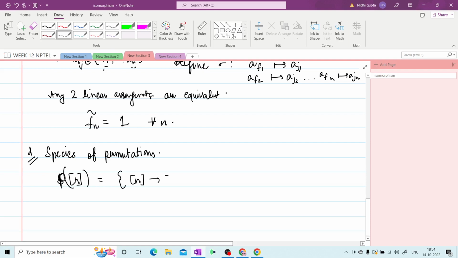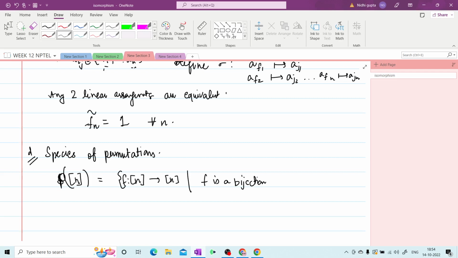Pn is a function from n to n such that f is a bijection, and suppose sigma is a bijection from n to n.